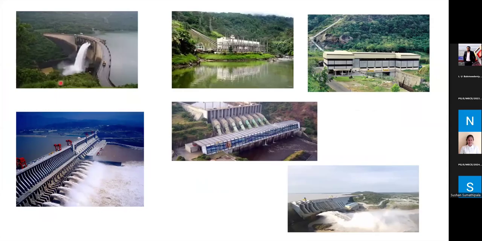You can see the main thing associated with hydropower is water. So managing this water resource and using it appropriately to generate power is the key aspect of hydro generation.